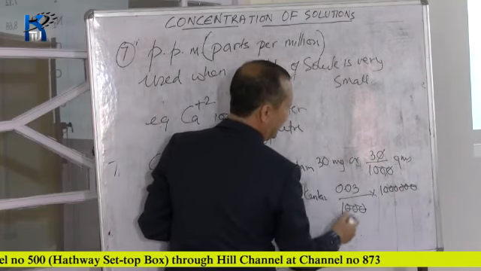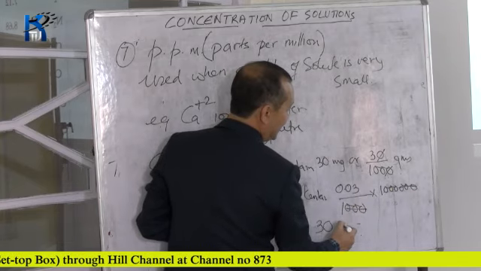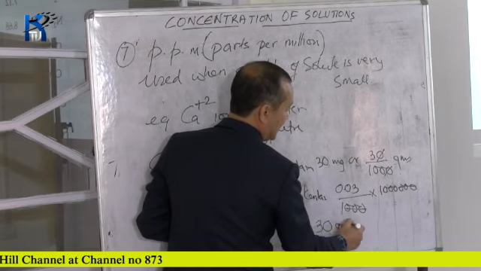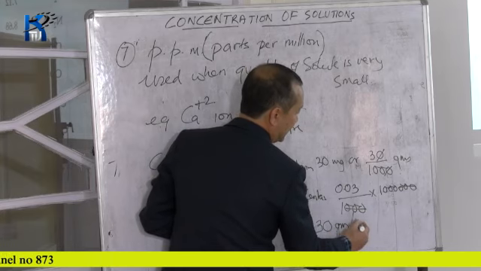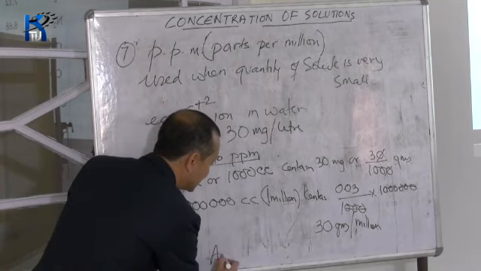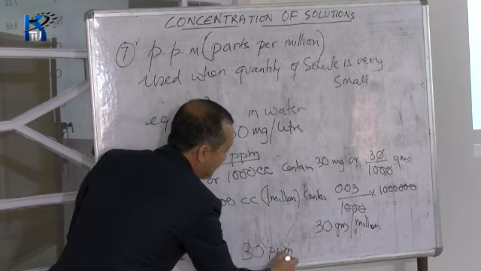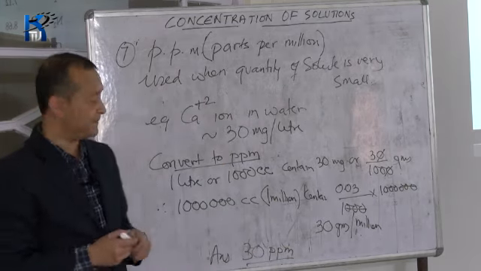So if you solve this, you get the answer as 30 grams per million. So therefore, the answer is 30 ppm. The answer is 30 ppm.